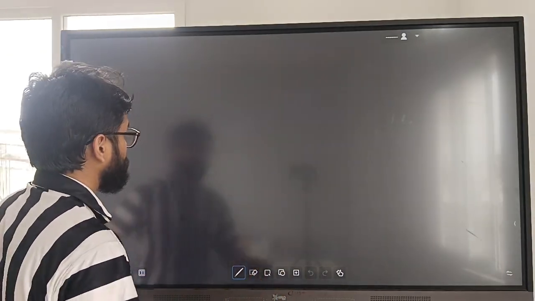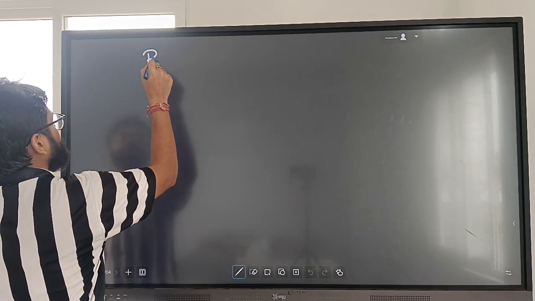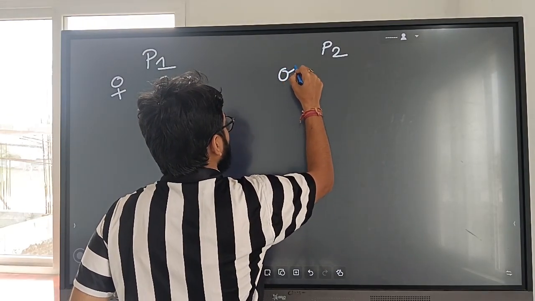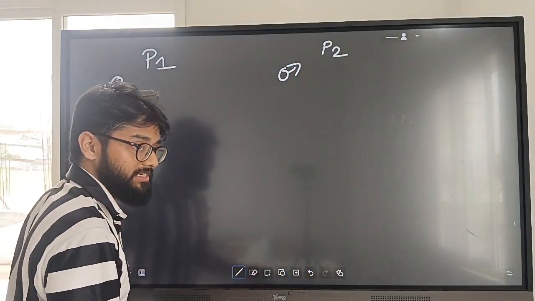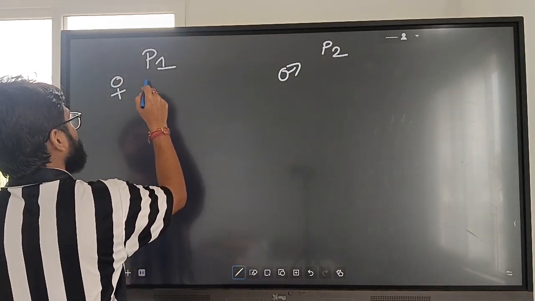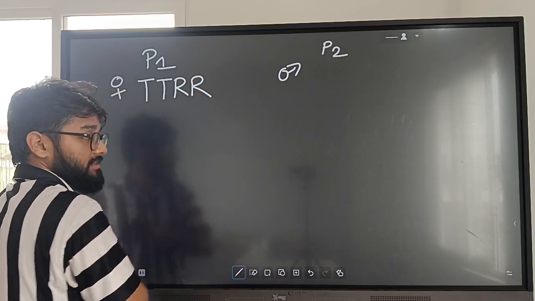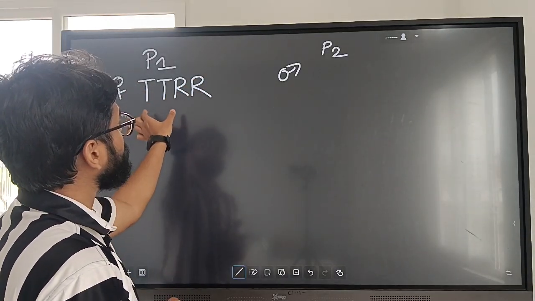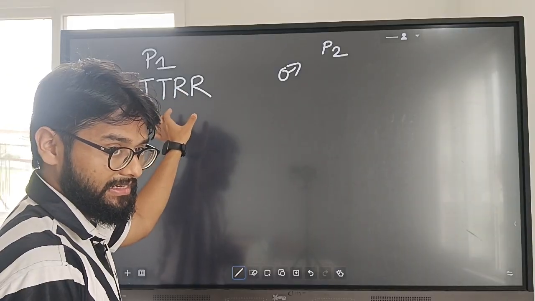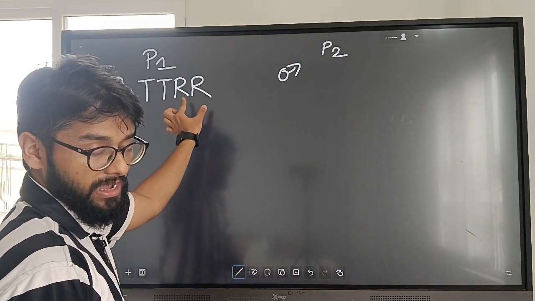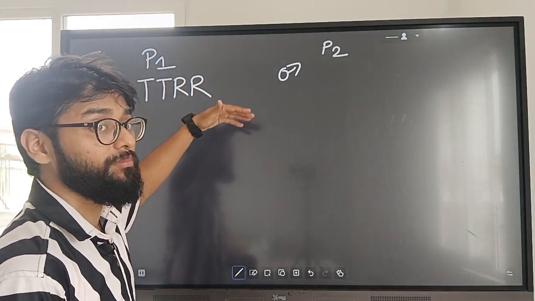What happens when we cross the original parents? Let us write P1 and P2. This is your female and this is your male. Again, we will take a true breeding type, that is a homozygous type. So we will write capital T, capital T, capital R, capital R. These are two different characters, or two different genes, represented by capital T and capital R as their dominant alleles.